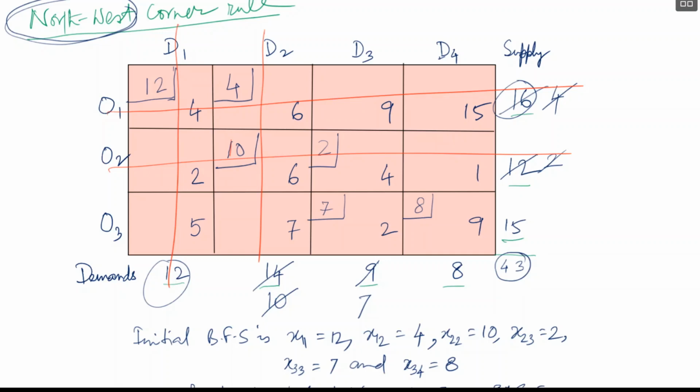That is how much? 48 plus 24, that is 72. 72 plus 60, that is 132. 132 plus 14, it will be 146. 146 plus 72, so it will be 218.